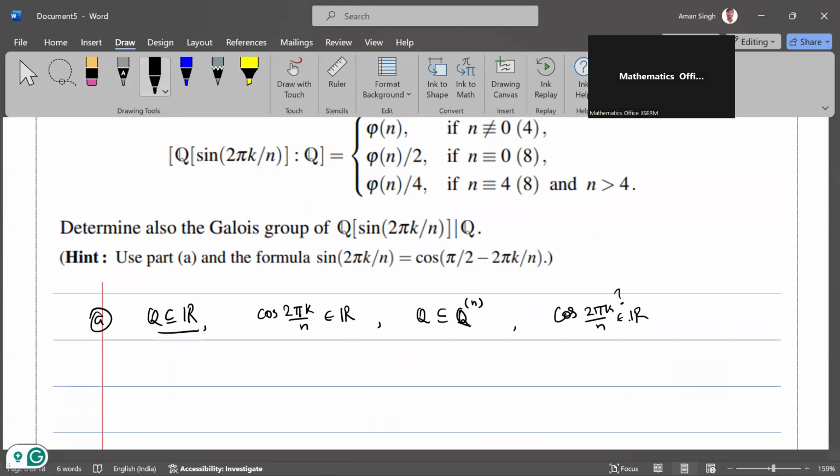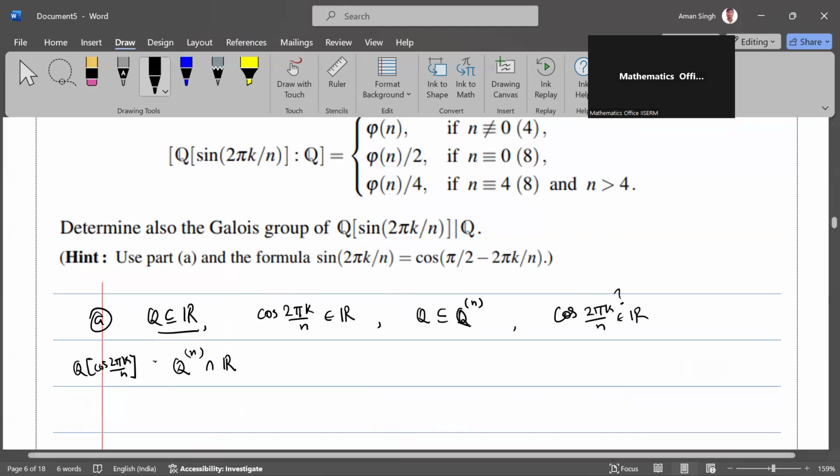So this will imply that Q_n intersection with R is just attaching cos 2πk/n. It's contained here. Is this equal or not? That will be done later, right?